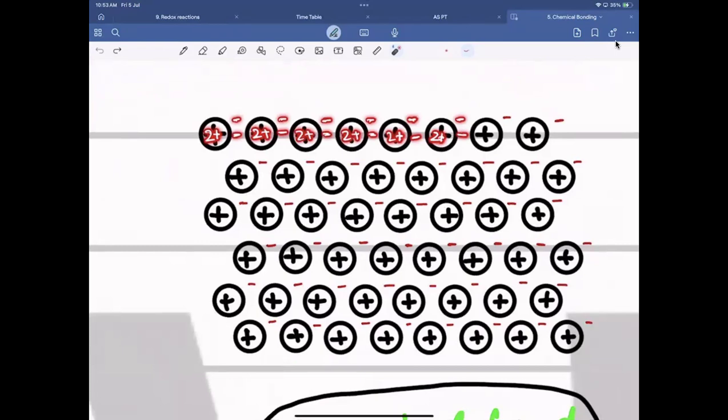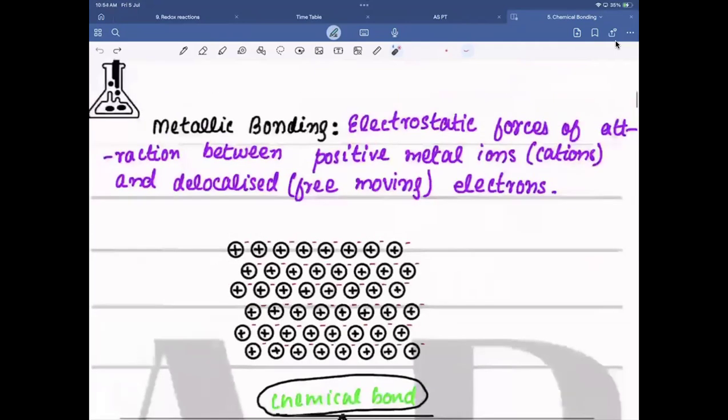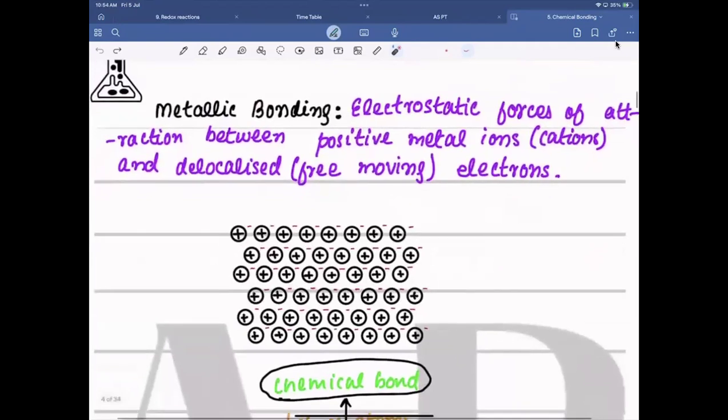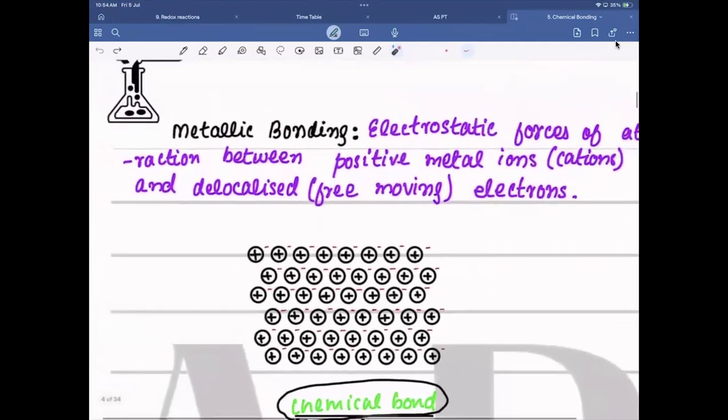If you have any query, please ask. No, these electrons are from the atoms of the same element. And if it's an alloy, it will be the same thing: in an alloy we have more than one type of metal mixed together, and all of them have lost their electrons.